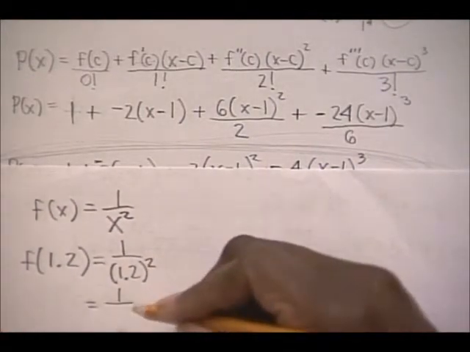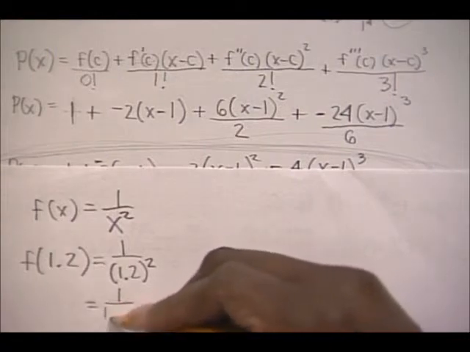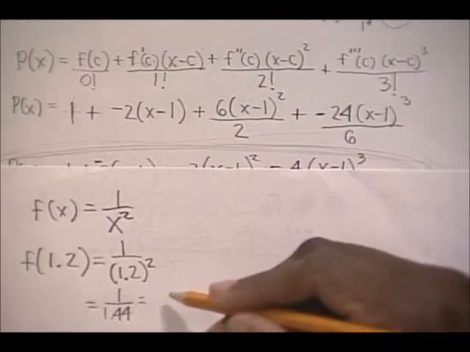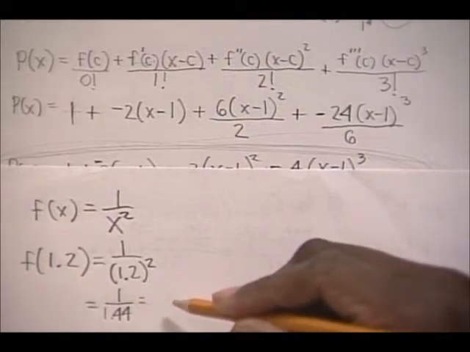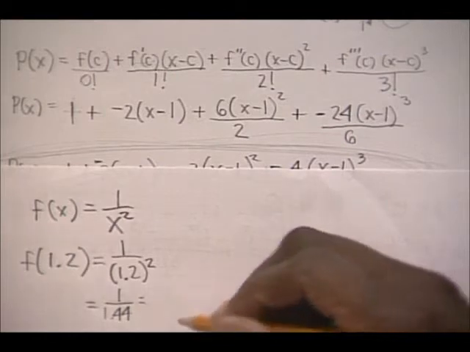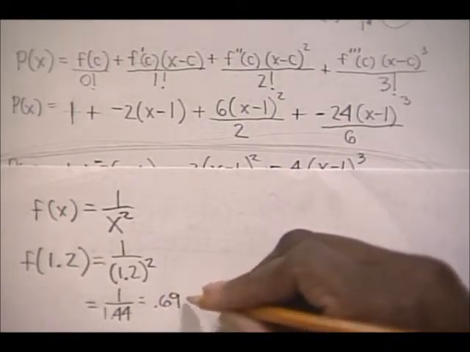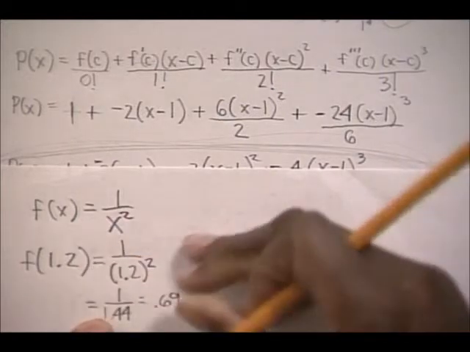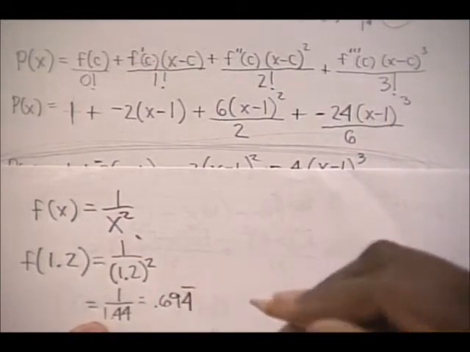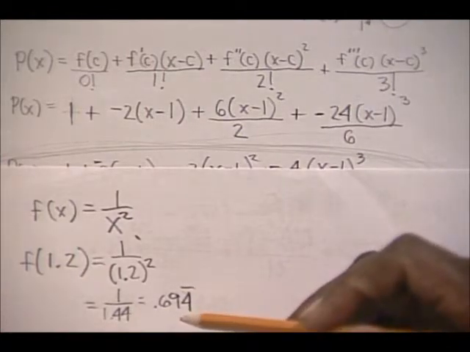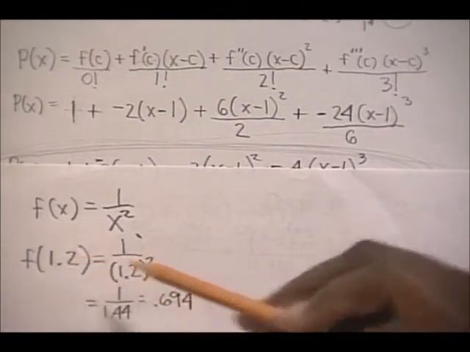So let's put that in the calculator: 1.2 squared is 1.44. Take the reciprocal, and you end up with 0.694 repeating. So that is the actual value of f of 1.2.